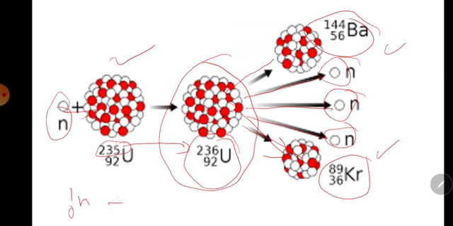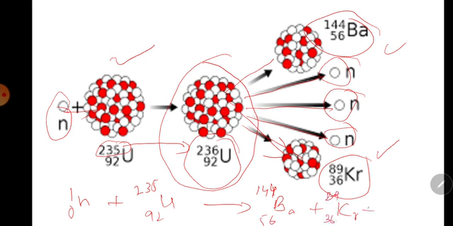A neutron hits uranium 235, 92, with the release of barium 141, 56, and krypton 92, 36, plus the release of 3 neutrons.